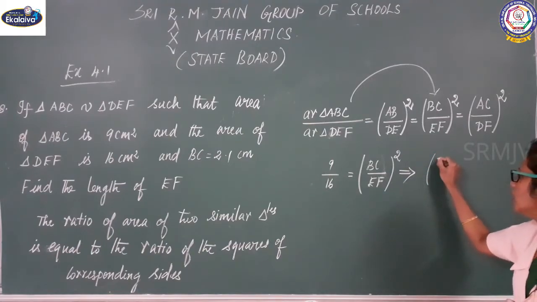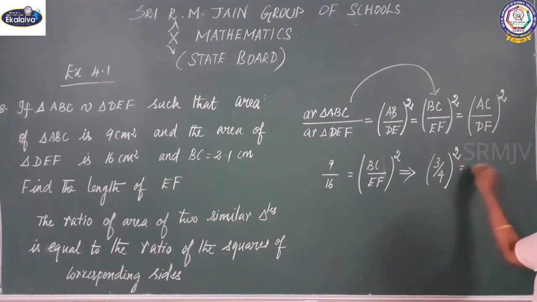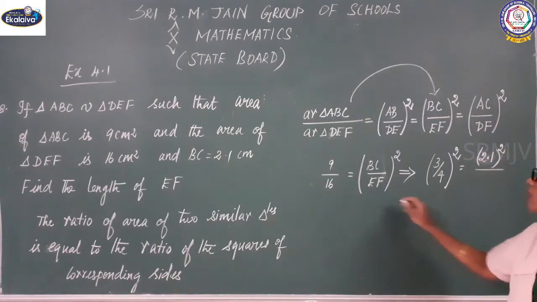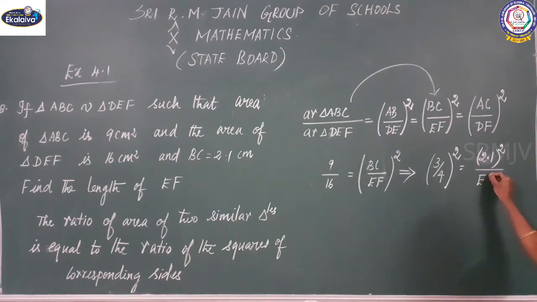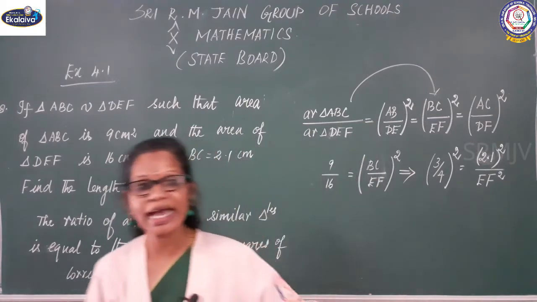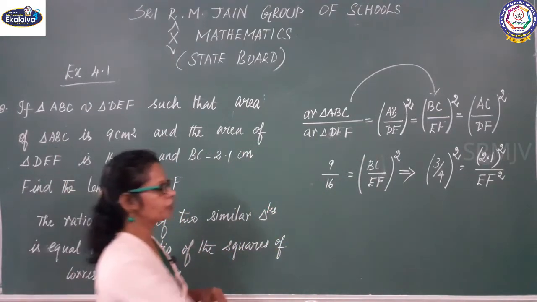That can be written as 3 by 4 the whole square equal to 2.1 the whole square divided by EF square. See, both the sides are squares, so you can cancel the square. Easily you can calculate EF.